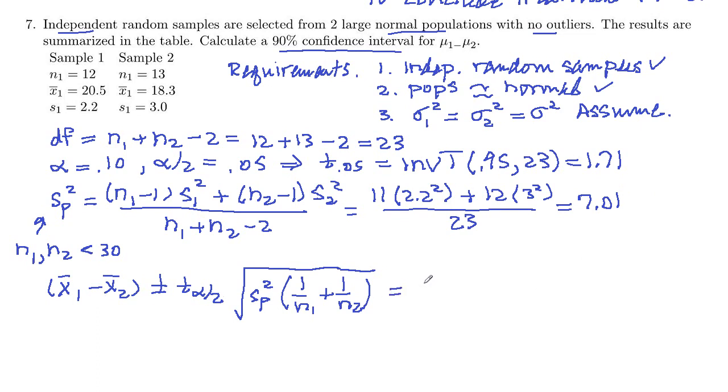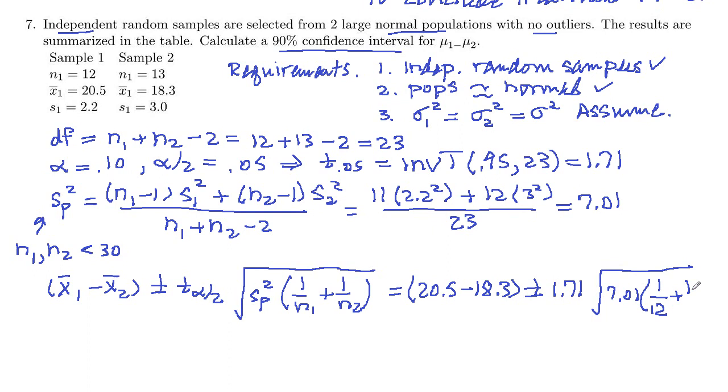So our x1 bar, that was 20.5, minus x2 bar is the 18.3, and then plus or minus our t value 1.71, and then this will be the square root of our sp squared, 7.01, times 1 over 12 plus 1 over 13.